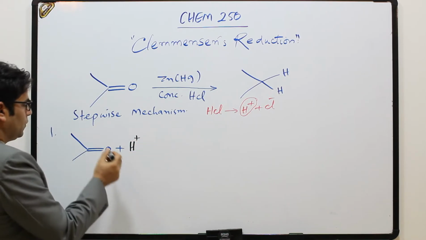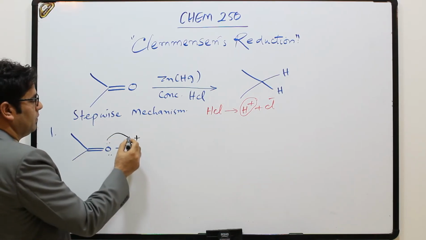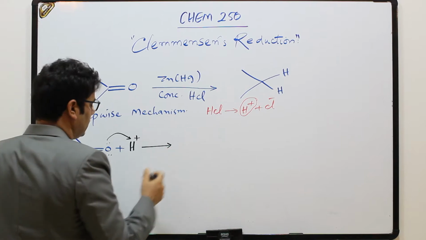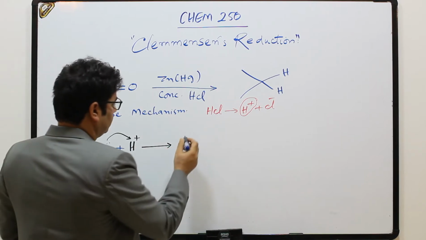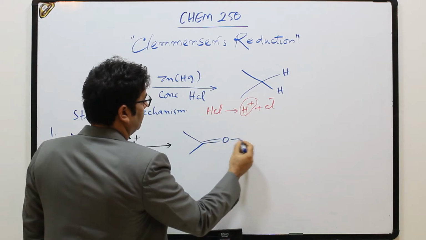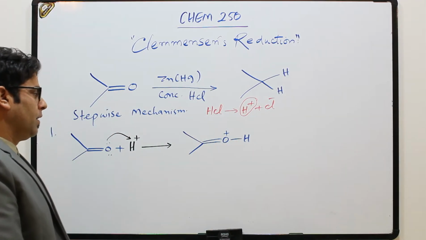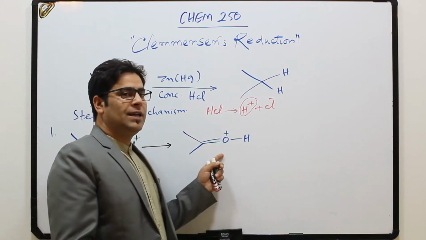Oxygen has an electron pair, it is electron rich, and it will attack the H positive. So there will be a positive charge on oxygen. Oxygen with positive charge is highly unstable.